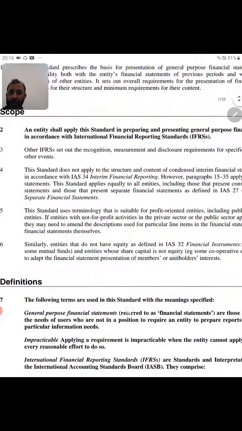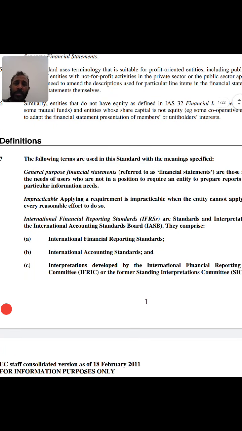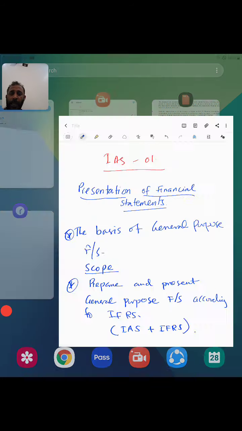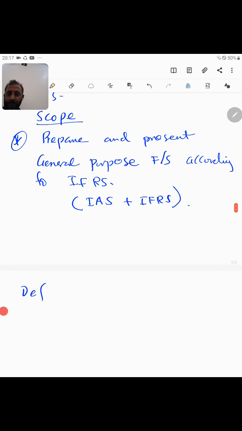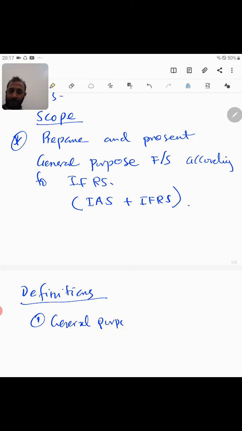Then we discuss definitions. There are various definitions given in the standard. One is what a general purpose financial statement is. A general purpose financial statement is a set of financial statements addressing a common or common average need, covering many different industries.